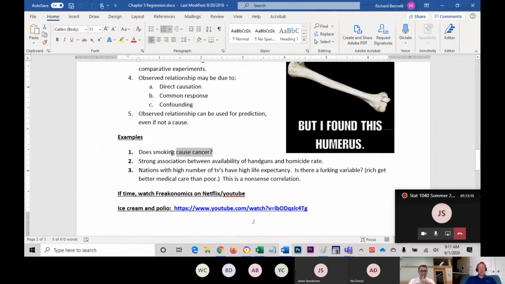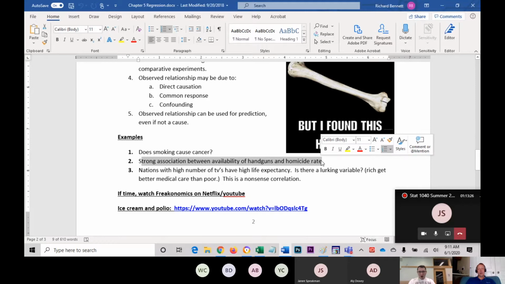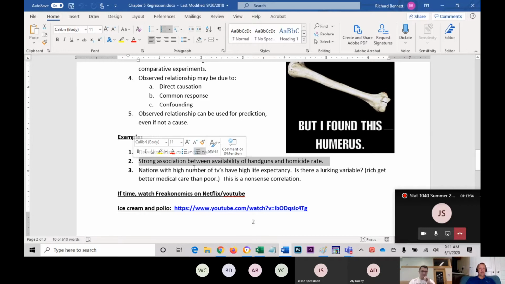Does smoking cause cancer? They were highly correlated for a long time, and we could definitely say now that smoking causes cancer. There's a strong association between the number of people who own handguns and the homicide rate. So this is another example where it would make sense that these are associated.